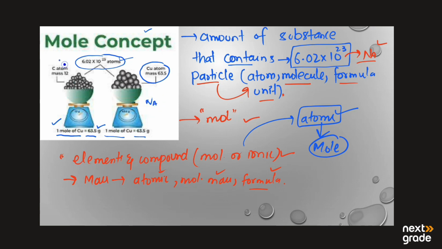And if we have carbon, its mass is 12 grams. The masses are different, 12 and 63.5, but the number of particles in 1 mole of any substance is always the same, and these particles may be atoms, molecules, or formula units.